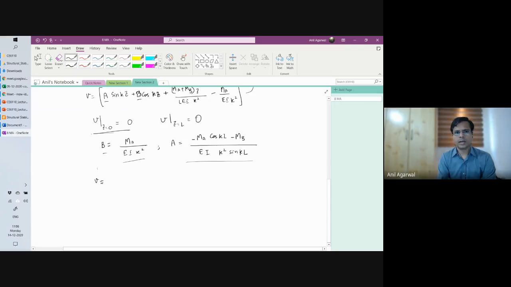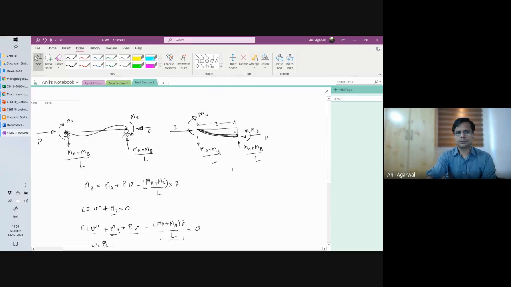Okay, so I'm not writing this thing again, just to save some effort. This is the expression of V, wherein A and B are given by these equations.